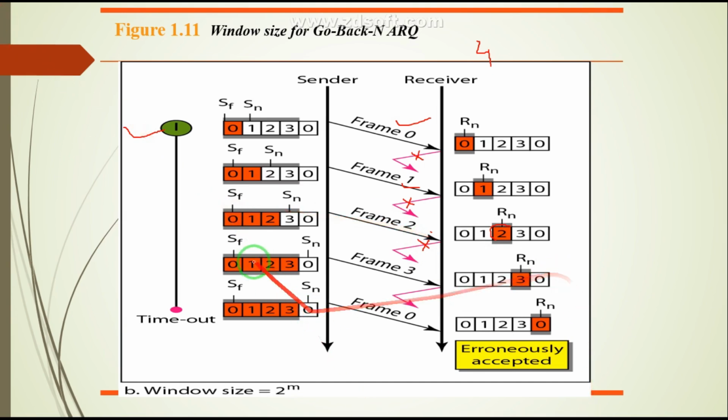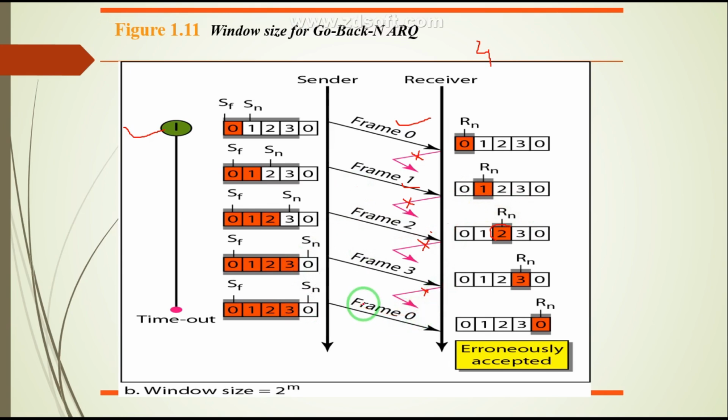Similarly, frame 3 has been sent, and an acknowledgement has been sent. But if you observe, all the acknowledgements are lost. So the sender gets confused whether its frames are destroyed or acknowledgements are destroyed.